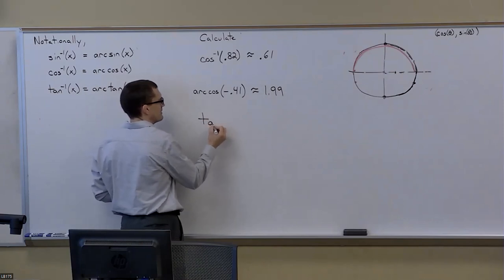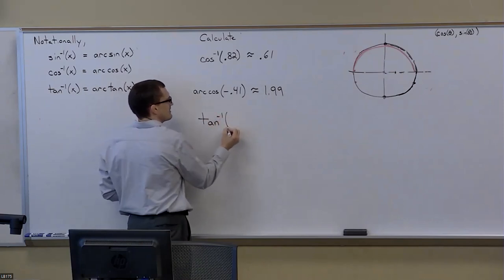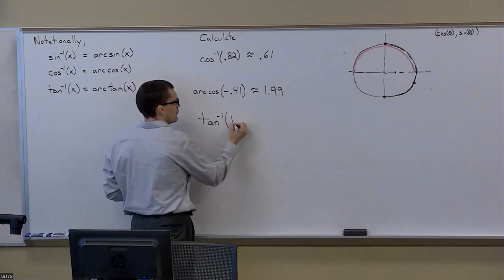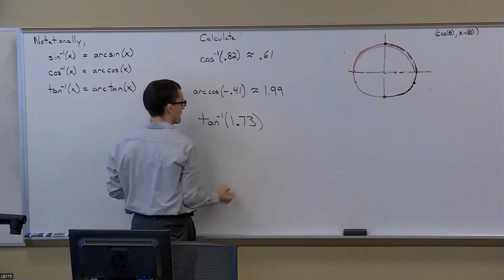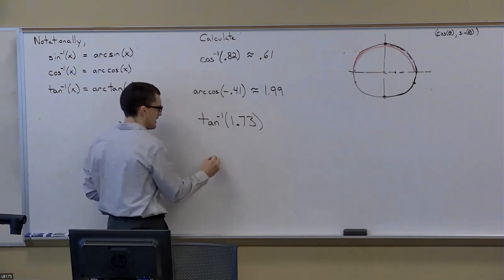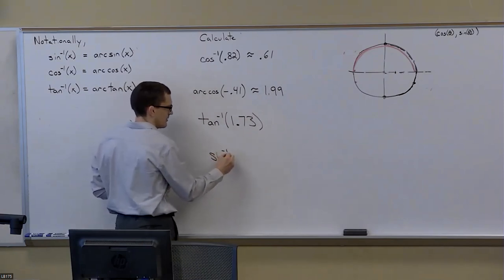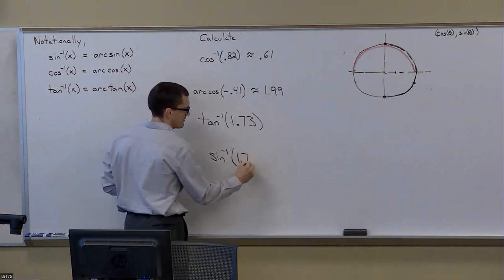Let's do tangent. Take tan inverse of 1.73. And then take sine inverse of 1.73.